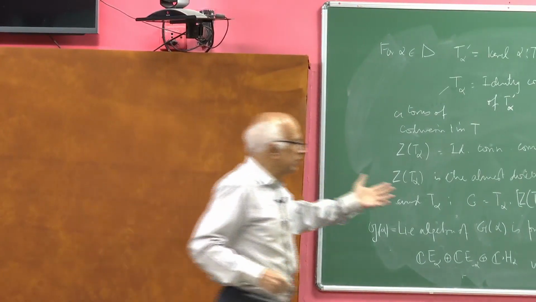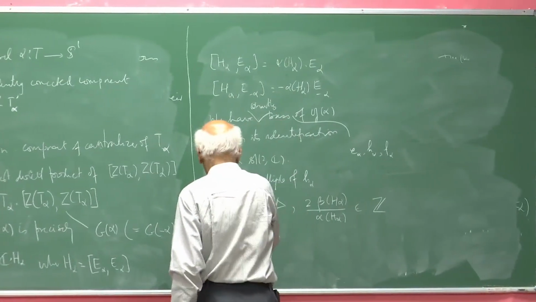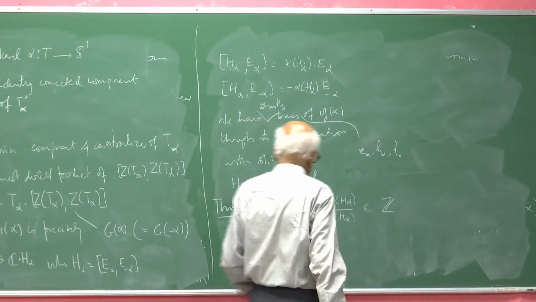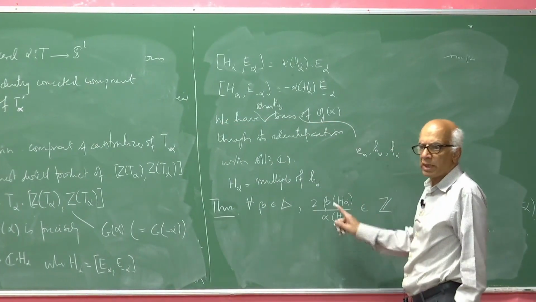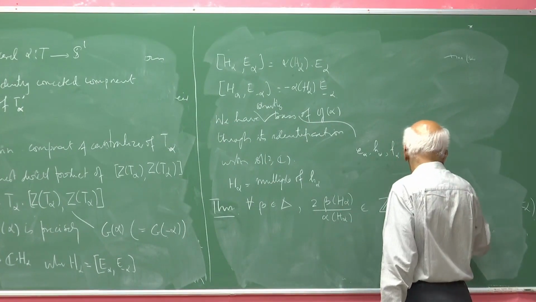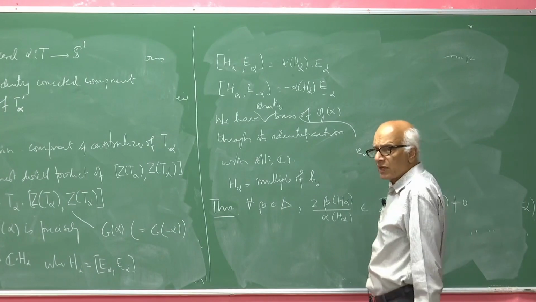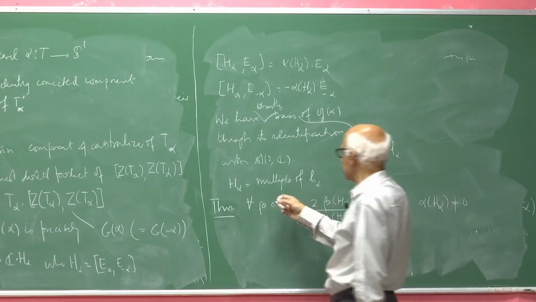So if you like, this ratio 2 beta H alpha over alpha H alpha is an integer. Notice alpha H alpha in particular is not 0. After all, H alpha is a non-zero multiple of this H.